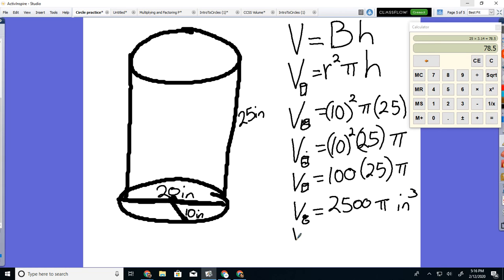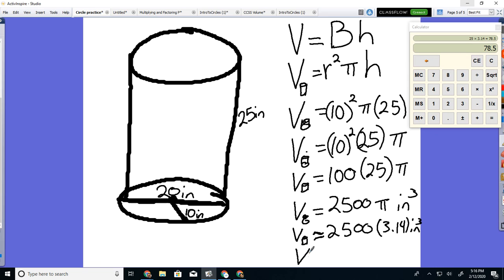We're going to substitute. Volume of the cylinder is going to be 2,500 times 3.14 inches cubed. And this now has become approximately equal, because we're approximating pi.